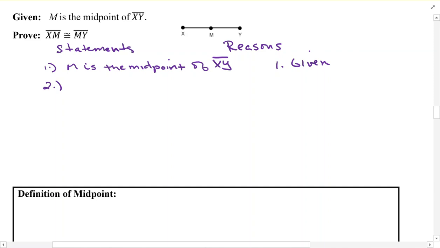We then decide what we know for sure about M being the midpoint, and looking at what we have to prove. We want to prove that XM is congruent to MY, so we ask ourselves, if M is the midpoint of XY, what do we know about XM and MY? Well, we know that their measurements are equal to each other.